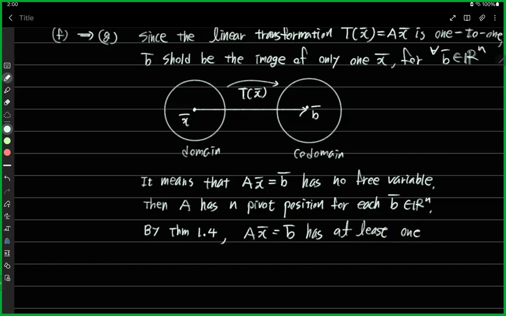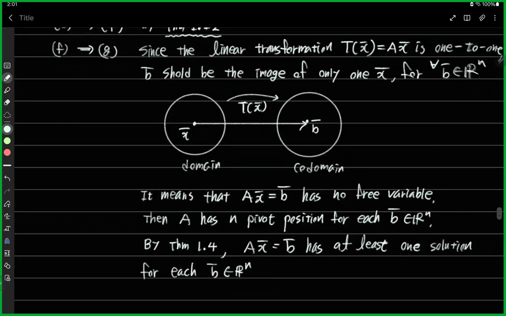By the theorem, A has n pivot positions for each B bar if and only if, A has n pivot positions, then AX bar equals B bar, whether homogeneous or non-homogeneous, either way, that system has at least one solution for each B bar in Rn space. That's one of the statements in theorem 1.4, actually.